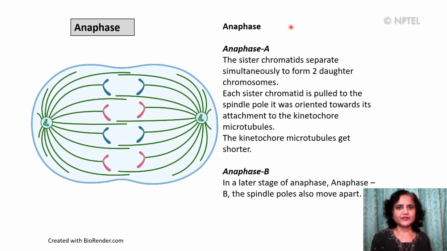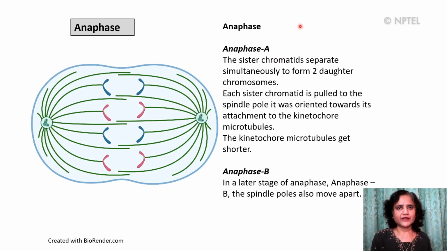Each of the sister chromatids is pulled to the spindle pole it was oriented towards by its attachment to the kinetochore microtubules. And these kinetochore microtubules, they get shorter and therefore they help in moving the chromosomes poleward.